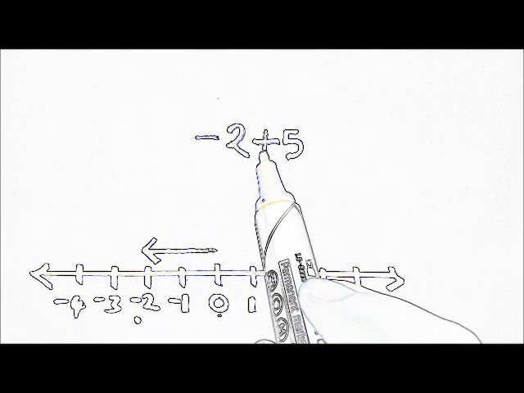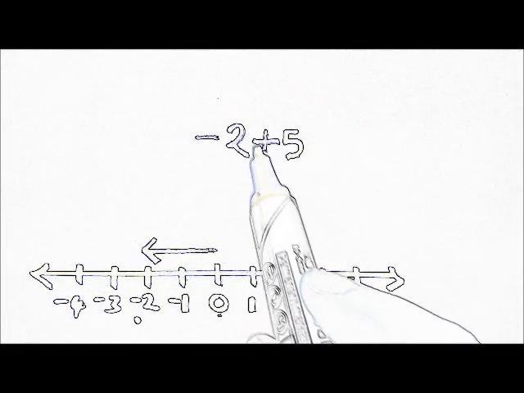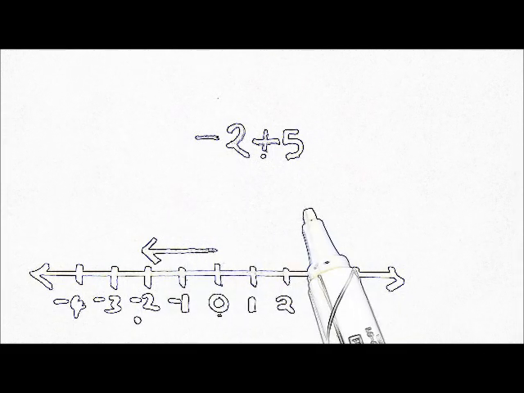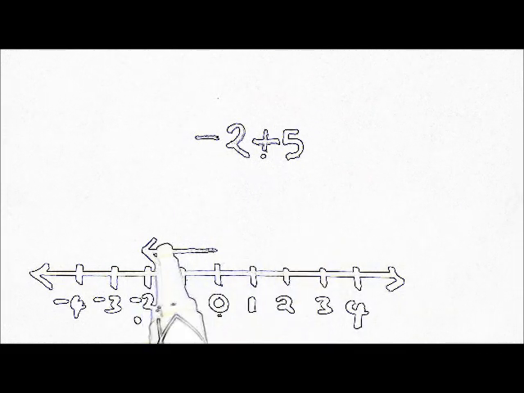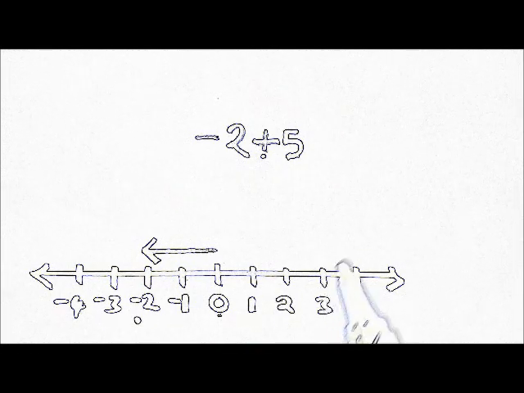In other words, add 5 steps to minus 2. So if it is plus, it means go this way. So I'll start from where I ended on negative 2, and I'll count 5 steps moving forward. So 0, 1, 2, 3, 4, 5.